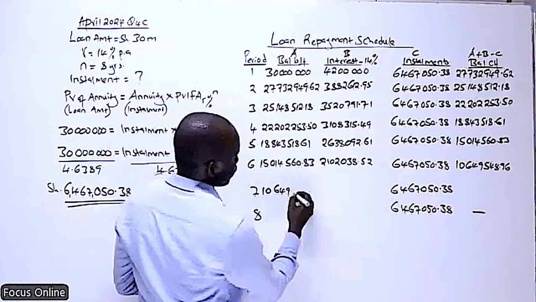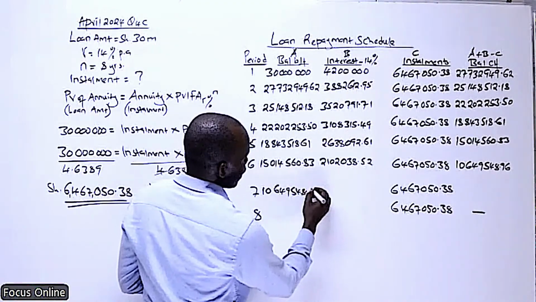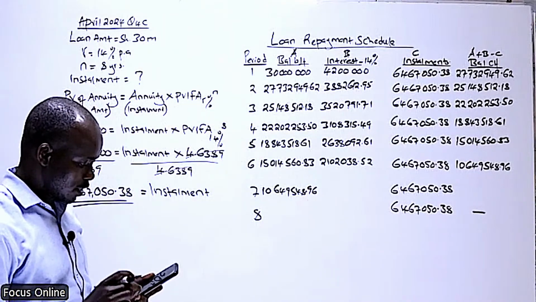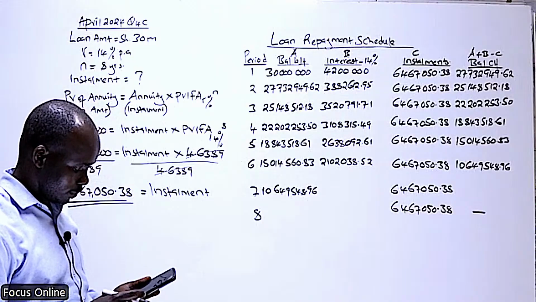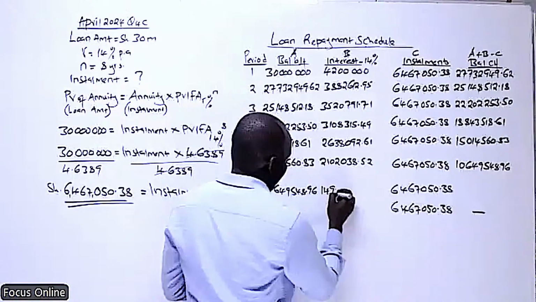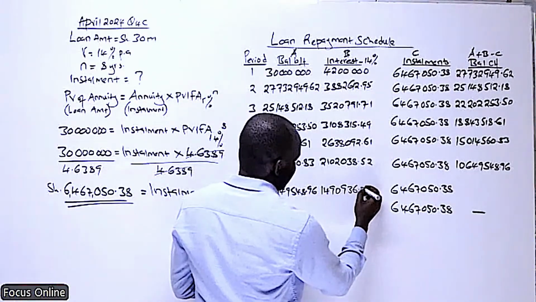10,649,548.96. Then we charge interest on that figure. We get 1,490,936.86.